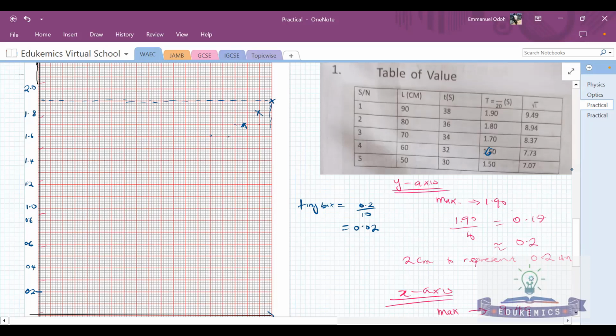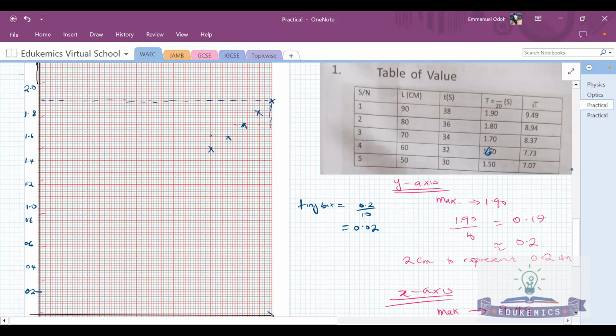So somewhere like this. Then the last, 1.5 and 7.07. This is 7, this is 1.5. And 0.07 just before.